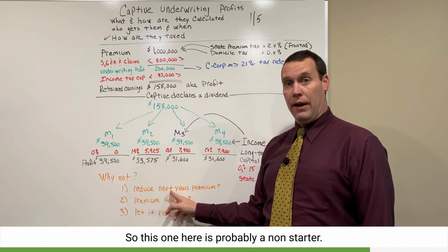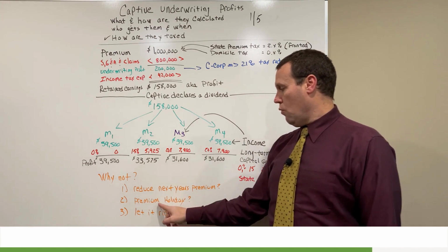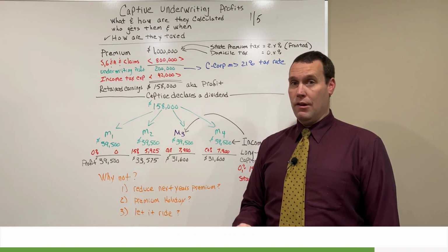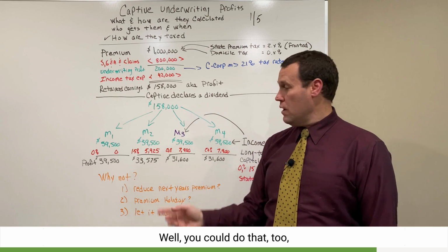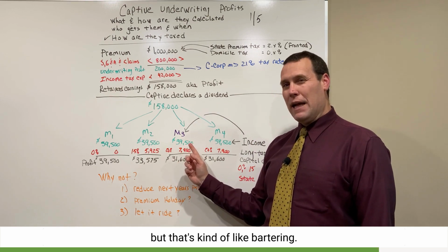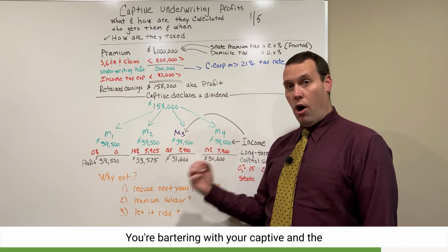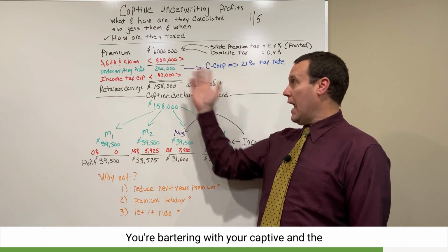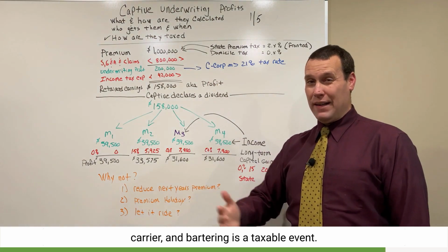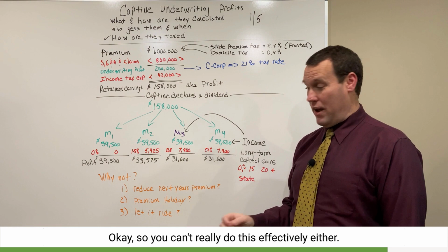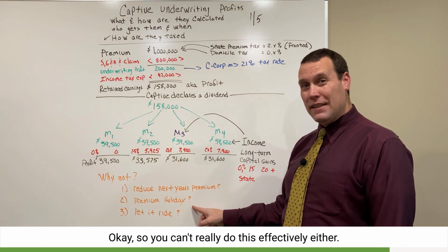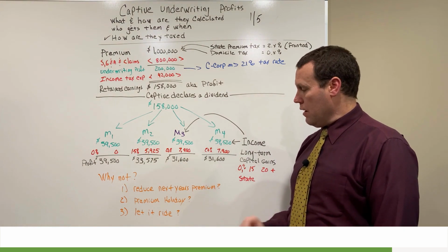So this one here is probably a non-starter. What about a premium holiday? Well, you could do that too, but that's kind of like bartering. You're bartering with your captive and the carrier, and bartering is a taxable event. Okay? So you can't really do this effectively either.